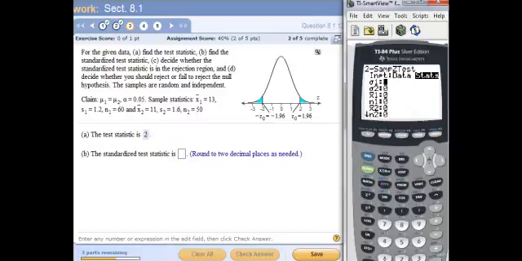S sub 1 is 1.2. S sub 2 is 1.6. The first sample mean is 13. N is 60.